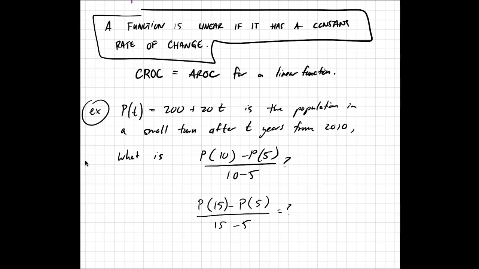So we can go in and calculate this. P of 10 is 200 plus 20 times 10, which is 400. P of 5 is 200 plus 20 times 5, which is 300. And P of 15 is 200 plus 20 times 15, which is 500.